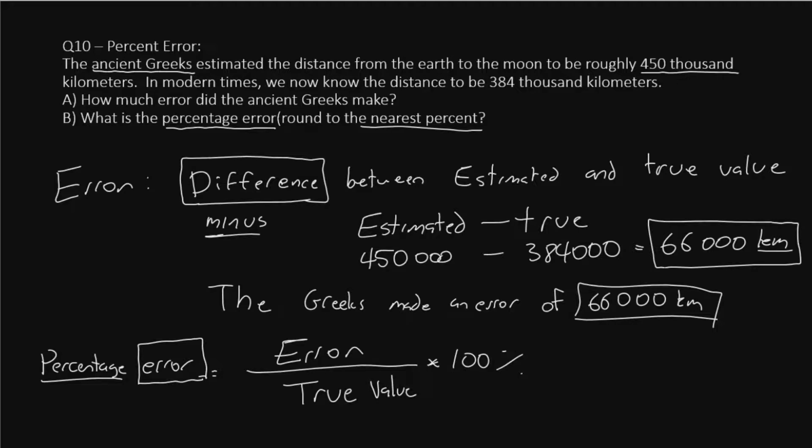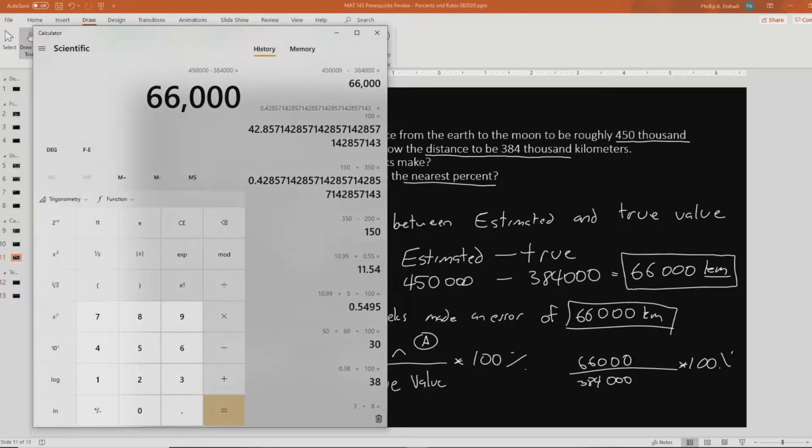So the error we found from part A was 66,000 kilometers, divided by the true value, which we've written in the second line of this problem statement. We know now that the distance is 384,000. And then we multiply by 100. Once again, we go to the calculator. We say 66,000 divide by 384,000, and then we multiply times 100.